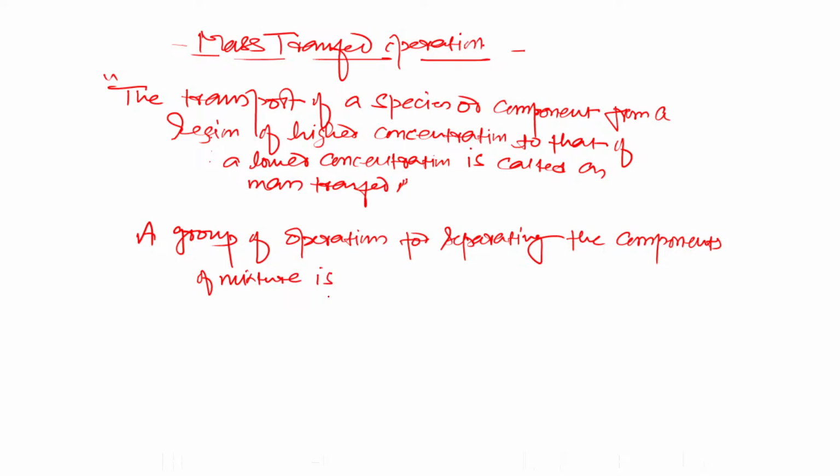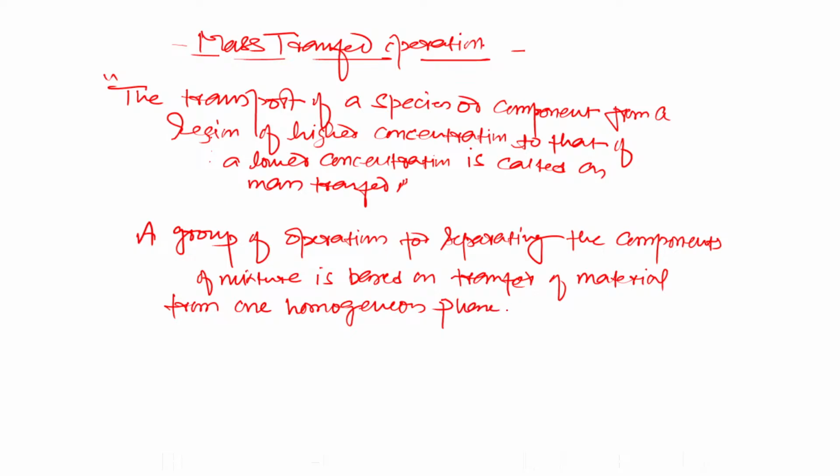Separating the components of a mixture is based on transfer of material from one homogeneous phase to another, and these methods are covered by mass transfer operations.